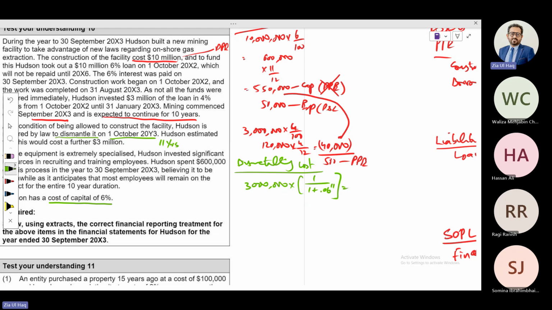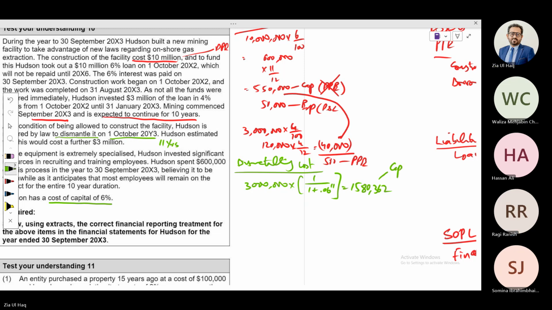One divided by 1.06 raised to power 11, then multiply by 3 million. How much? 1,580,362. So this amount should be capitalized into the cost of the asset.